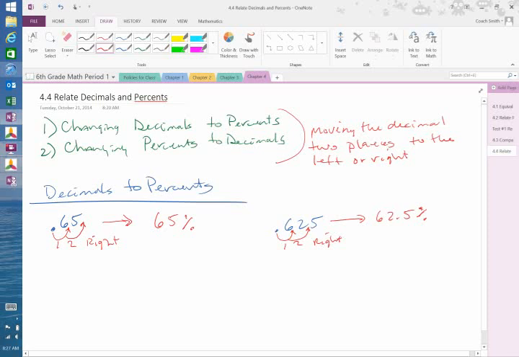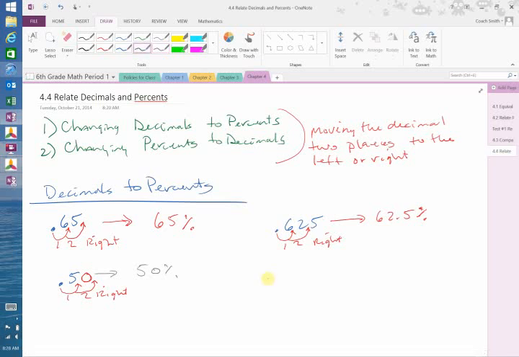It doesn't matter if I have one decimal place, for example 0.5. Still, once, twice to the right. I have to add a 0 right there, so that gives me 50%.